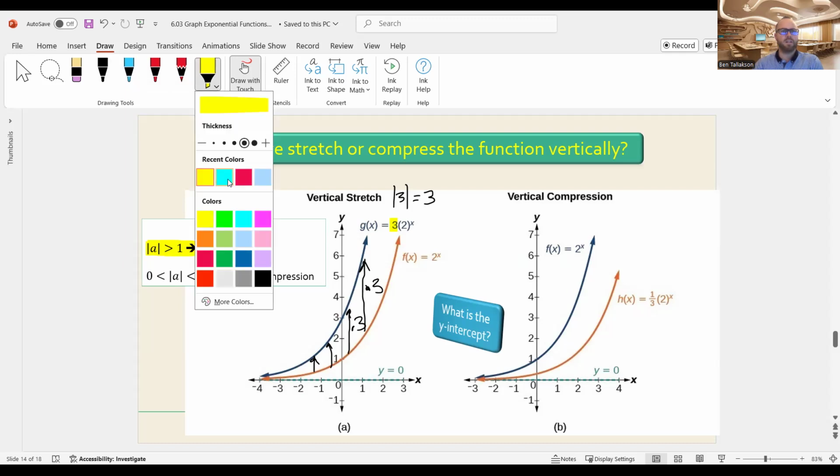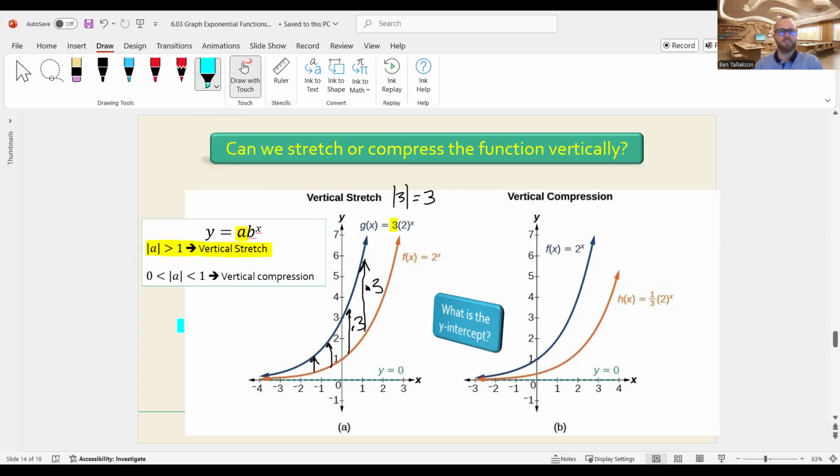Okay, let's look at when it is compressed. Vertical compressions happen when the absolute value of A is between 0 and 1. So right here, 1/3, well, the absolute value of that, again, that's a distance. Let me clean that up. Is 1/3.